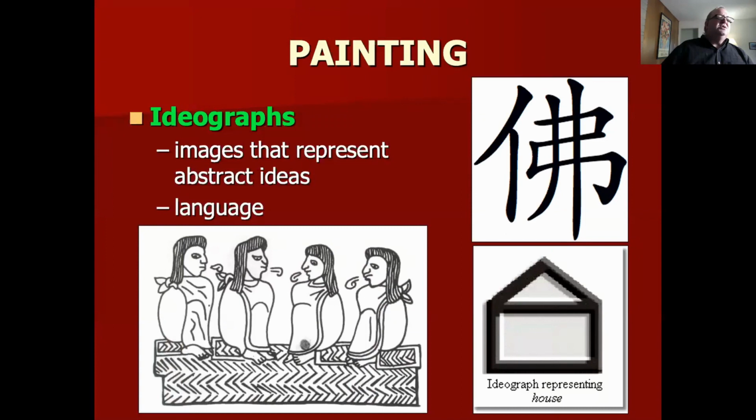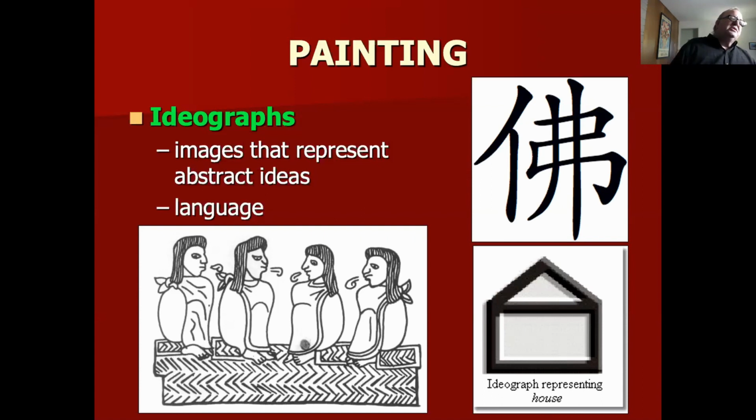Ideographs are images that represent abstract ideas or that represent language. And you look at this picture on the bottom, you have kind of a combination pictograph and ideograph, but those little swirly drawings that appear to be emanating from their mouths indicate that these people are either speaking or thinking. And it's sort of an early form of what we came to know as the symbolism in cartoons, I guess.